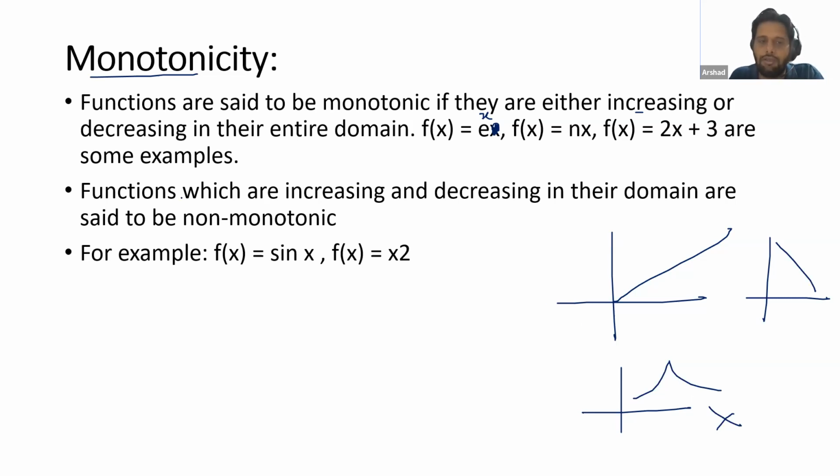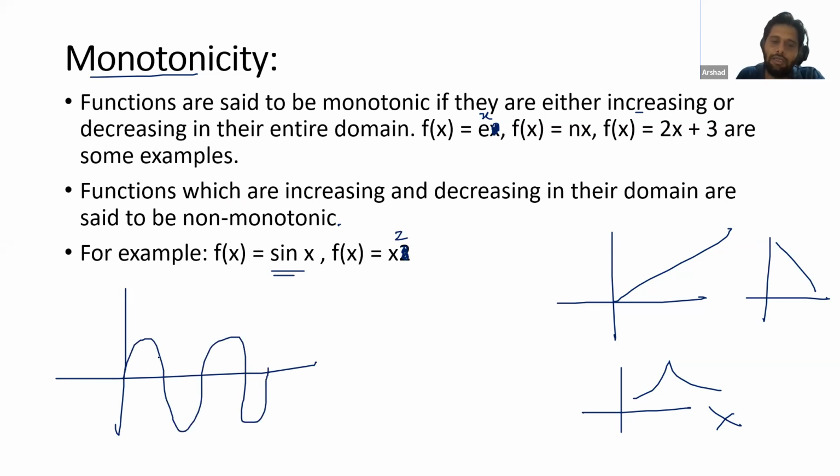The same thing I have written here in the second statement. Functions which are only increasing or only decreasing in their domain are said to be monotonic. That means if they are both increasing and decreasing, then they are not monotonic. For example, sin x: if you see the sin x graph, it increases, decreases, decreases, increases.